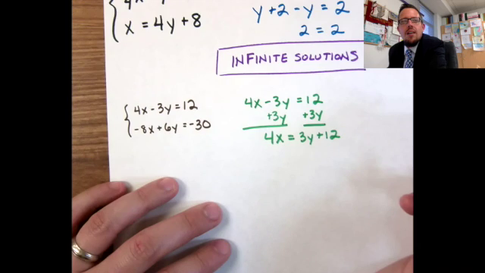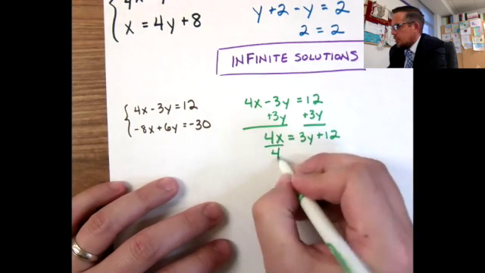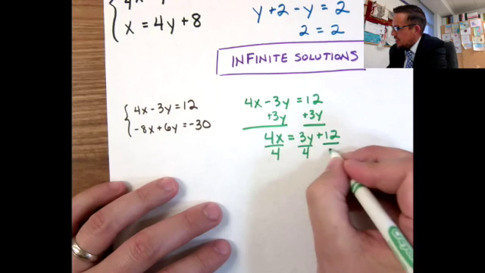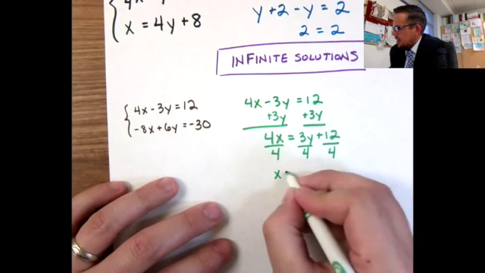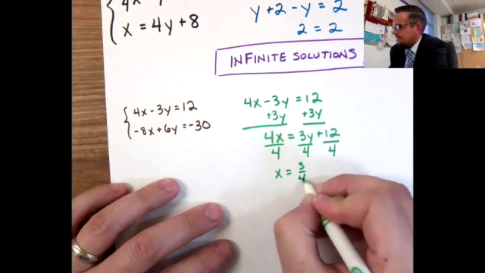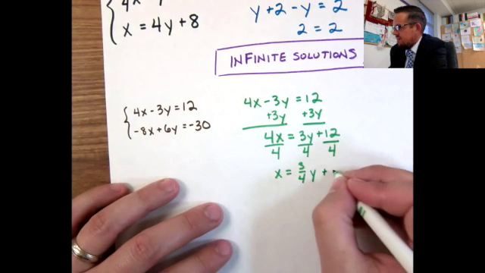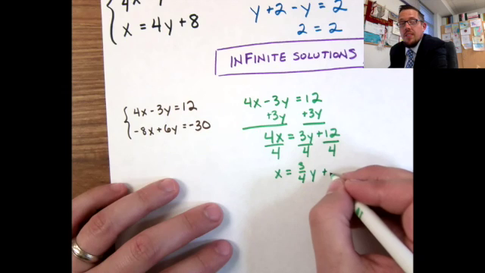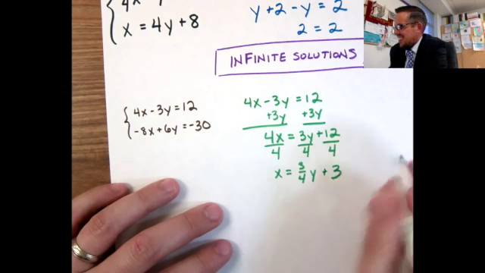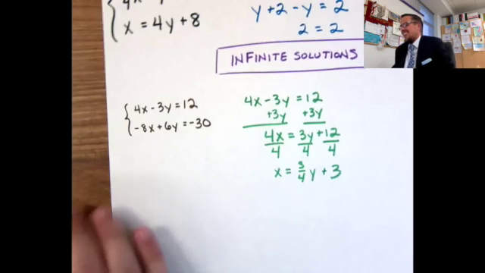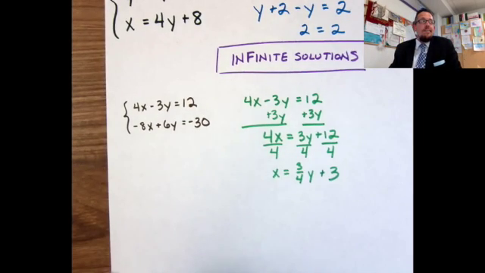Now divide by 4 and solve, right? Good. You guys are so smart. x equals 3/4 y plus 3. Good. Okay, so step 1 done.